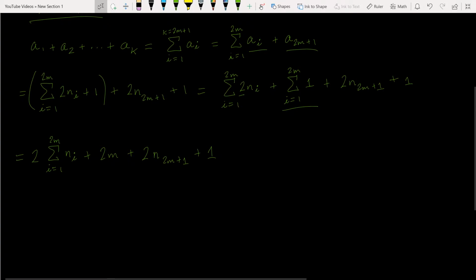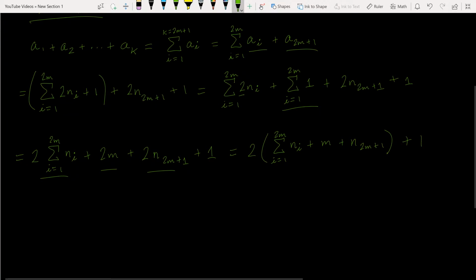So we turn this expression into this expression, and now each one of these terms has a 2 in front of it, so we can factor out the 2, and we're left with 2 times the summation from I equals 1 to 2m of n sub I plus m plus n sub 2m plus 1, plus 1.